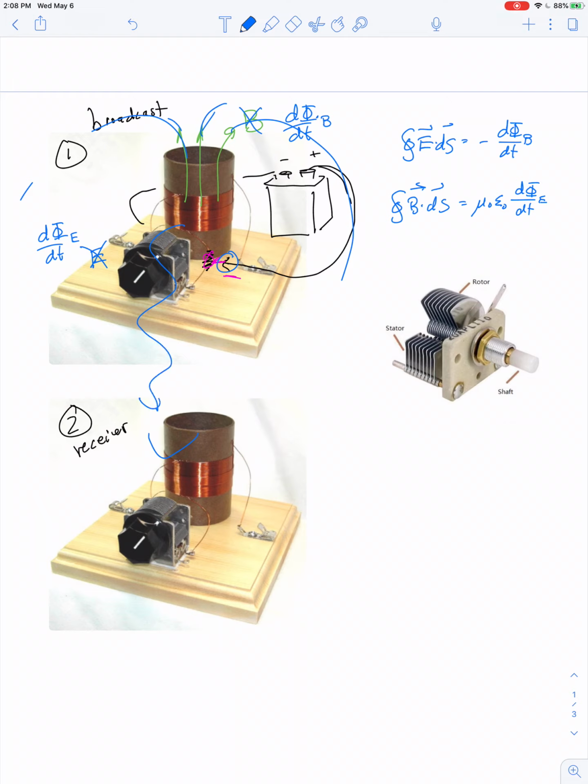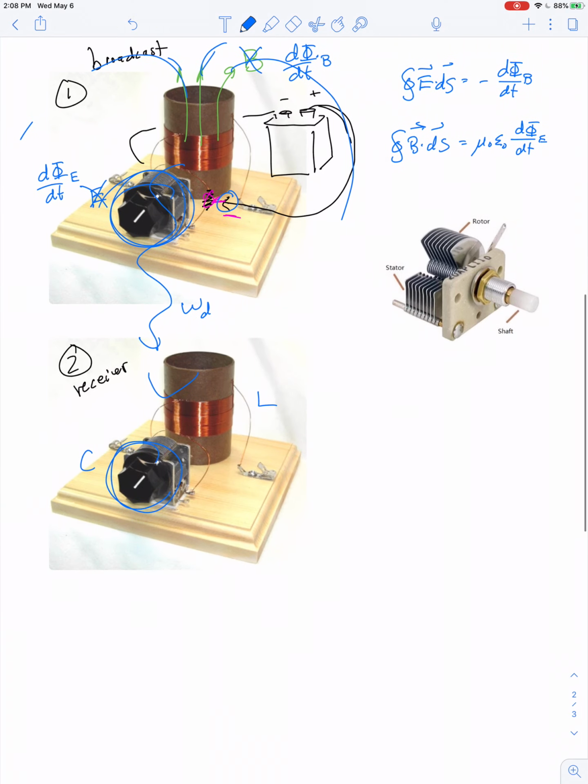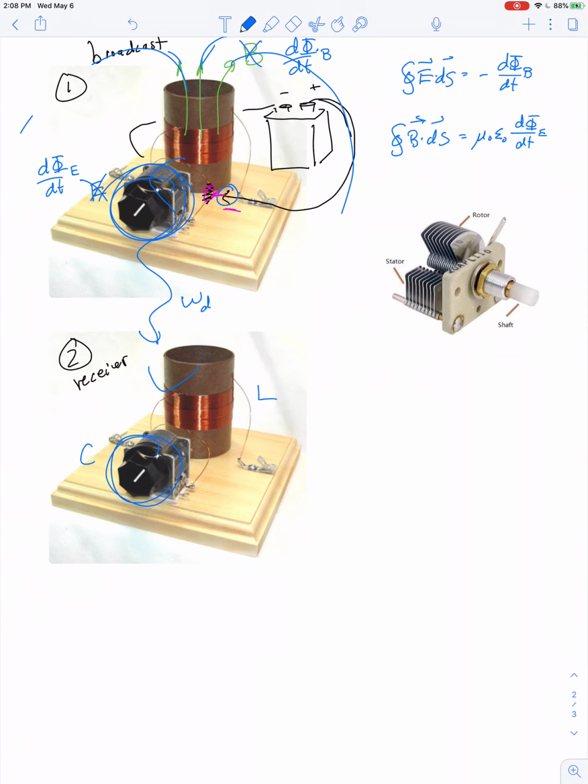But the second circuit has an inductor with the exact same value inductance, and if you tune both the capacitors so they have the same value of capacitance, then this would be a case where the driving frequency in the source of the electromagnetic radiation sent from the broadcast circuit matches the natural frequency of the second circuit, and even a low intensity radio wave can produce a significant response in the second circuit. So you use the second circuit instead of putting a battery on it. The second circuit has a light bulb.